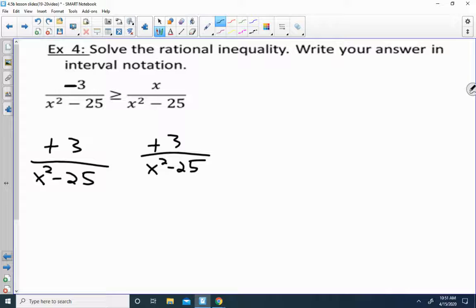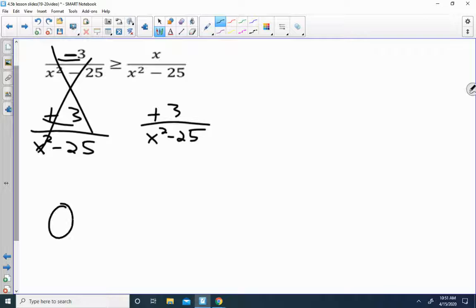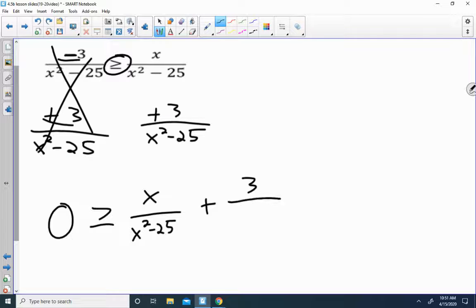Okay? So on the left side, the -3 and the +3 will cancel out, which means on the left side, I just have 0. My inequality is greater than or equal to, and on the right, I have x all over x squared minus 25, and then plus 3 all over x squared minus 25.